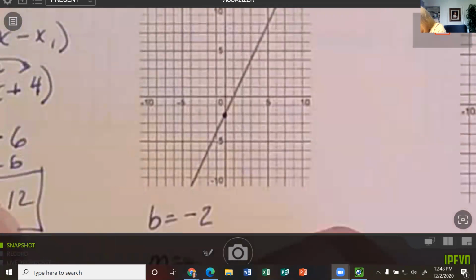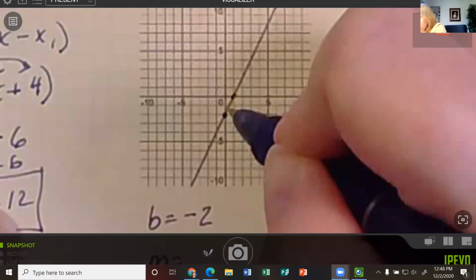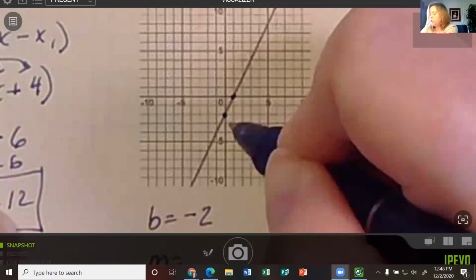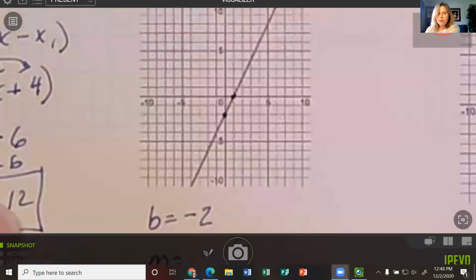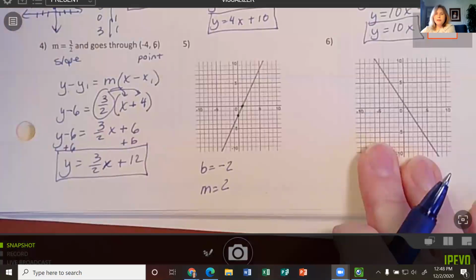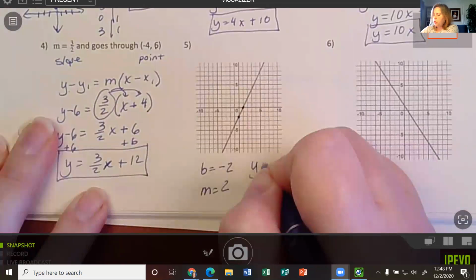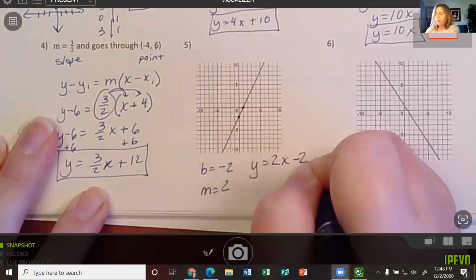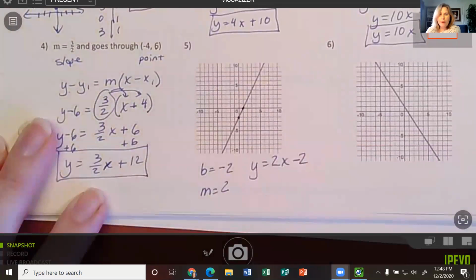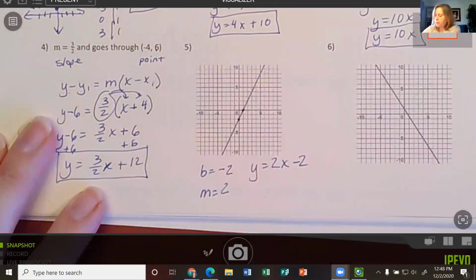And our slope is, I'm just going to use this point, rise is 2, run is 1, so our slope is also 2, and it's positive. All right, so the equation of this line is y equals 2x minus 2. Okay, we have a slope of positive 2 with a y-intercept at -2. Y equals 2x minus 2.